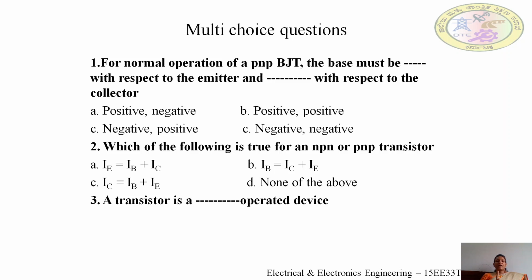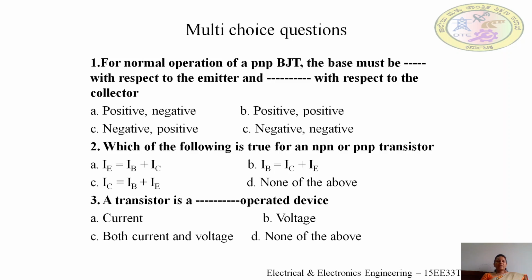Hence, it is a current operated device. So let us consider the options. Option A is current, B is voltage, C is both current and voltage, and D is none of the above. So option A, current, is the right answer. A transistor is a current operated device.